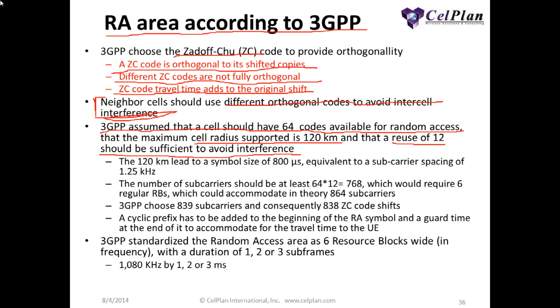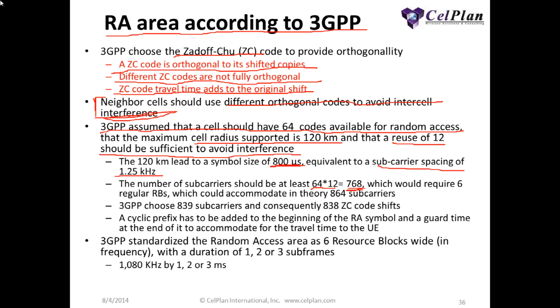Well, the 120 kilometers leads to a symbol of 800 microseconds, so it basically substantiates what we already said, and consequently a carrier spacing of 1.25 kilohertz. Well, with this we need 64 with a reuse of 12, so we need 768 subcarriers.